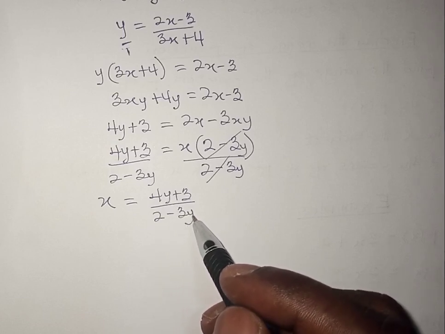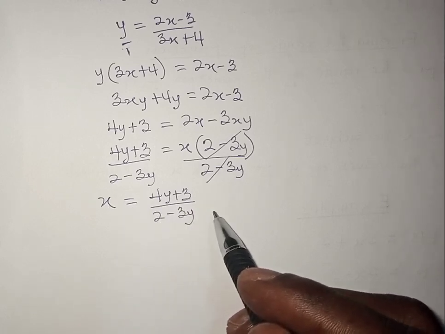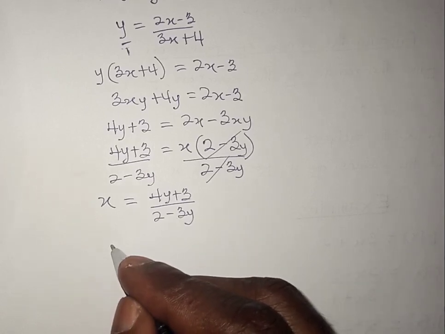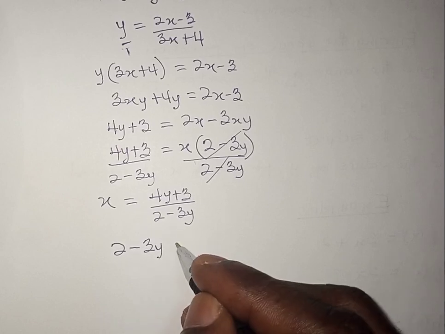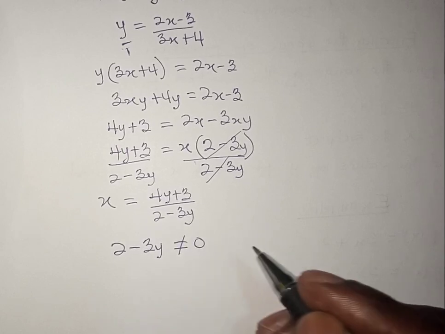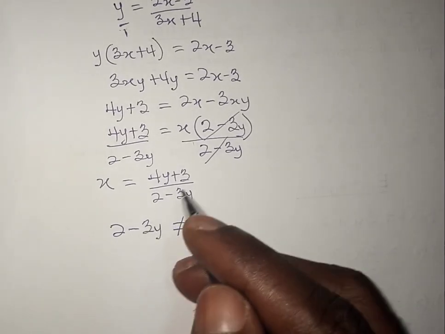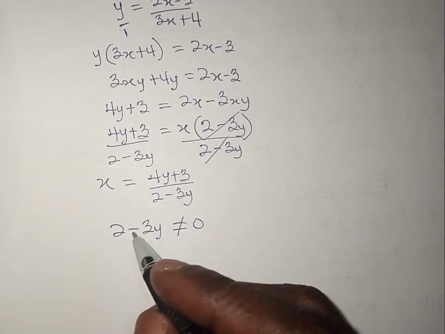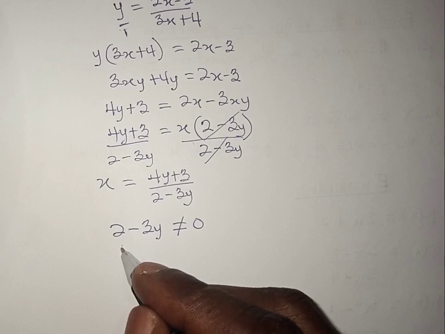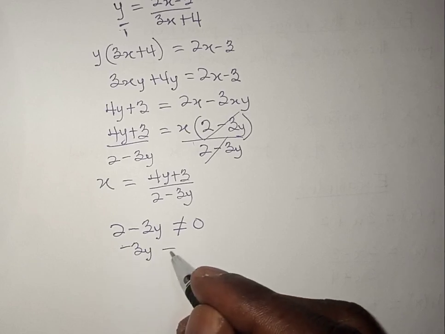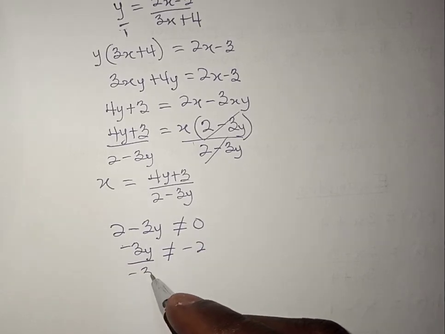Okay, we are finding the values. So the only way x can be defined is when the denominator is not equal to 0. All right, so that is when 2 minus 3y is not equal to 0. Okay, good. So we can solve this one and know the actual value. If that is the case, then I can maintain 3y and send my 2 here, divide both sides by negative 3.